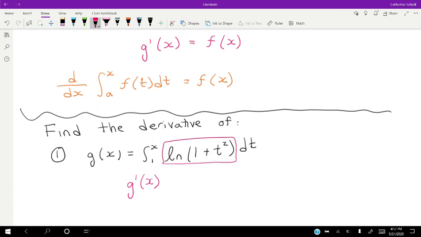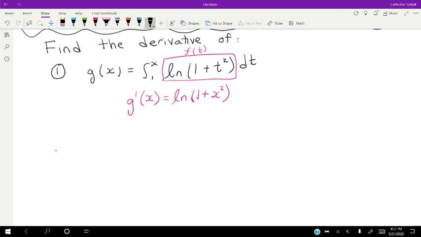Remember, this is your f of t, but we changed the variable to x. So this is natural log of, no longer 1 plus t squared, but 1 plus x squared. And there you go. Almost too simple.